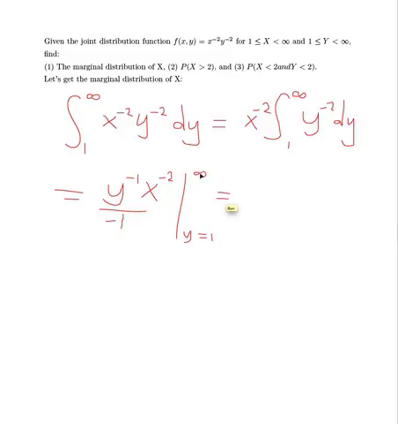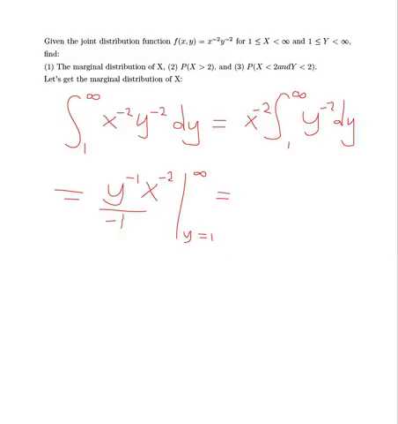Now, when I plug infinity into y, 1 over infinity is 0. And then it's minus what I put in when I put y equals 1. So that would be x to the negative 2 over minus 1, which is minus x to the negative 2. But remember, I take plugging in infinity into it, and I subtract what I get when I plug in 1.